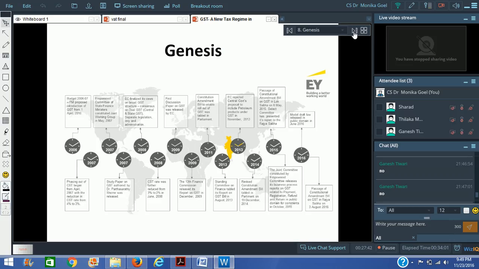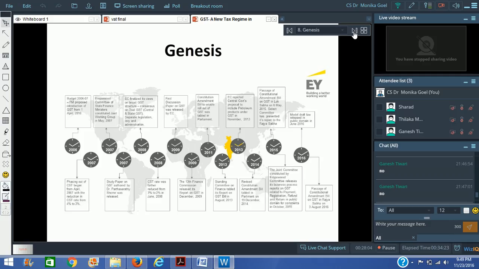Now how does that follow, and how did it actually work? I studied it from one of the reports by Ernst & Young. This entire process of introducing GST started in 2006-2007, when the finance minister at that point proposed introduction of GST from 1st of April 2010.